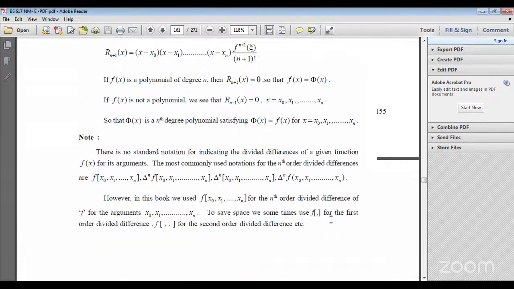There is no standard notation for indicating divided differences of a function f of x for arguments. The most commonly used notations for nth order divided differences are delta n of f, delta power n of x0, x1, x2, x3, and so on, xn.